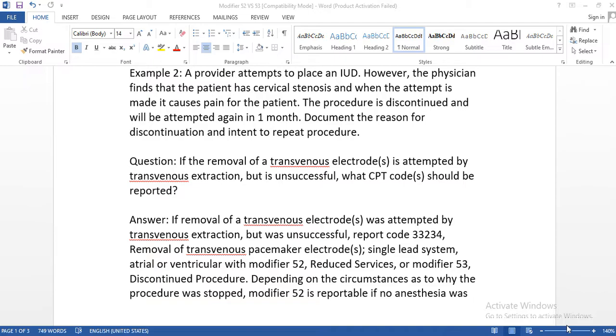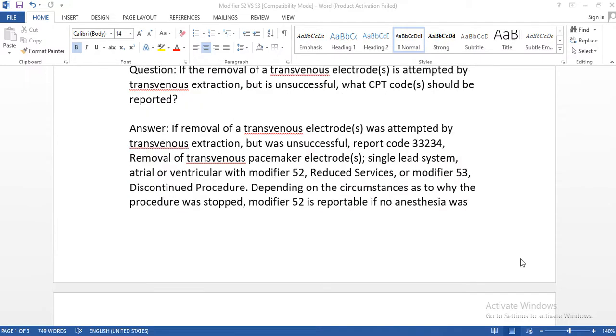Here we have one more example. If the removal of a transvenous electrode is attempted by transvenous extraction but is unsuccessful, what CPT code should be reported?